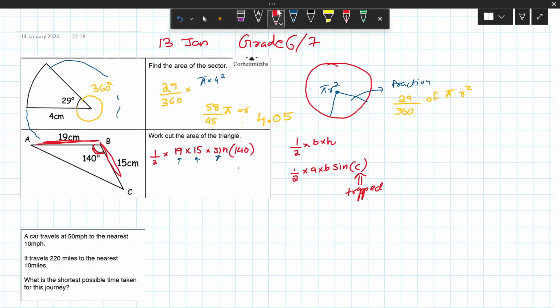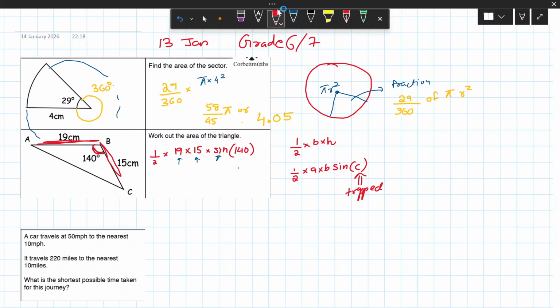That's half times 19 times 15 times sine of the angle 140. But when you're doing this, you need to make sure your calculator is in degree mode. So let me quickly change that. I need to be in degrees.